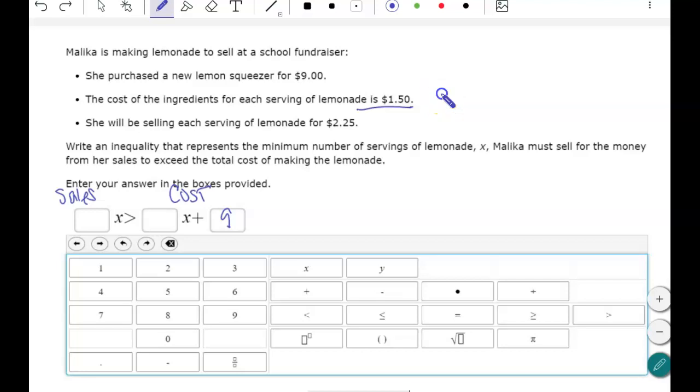So the cost of the ingredients is $1.50 per serving, so you put that as 1.50x. So that's what goes here. And you have to make sure you use the keypad. You put the decimal, this and this. The X is already there. And then over here, she's going to sell it for $2.25 a serving.